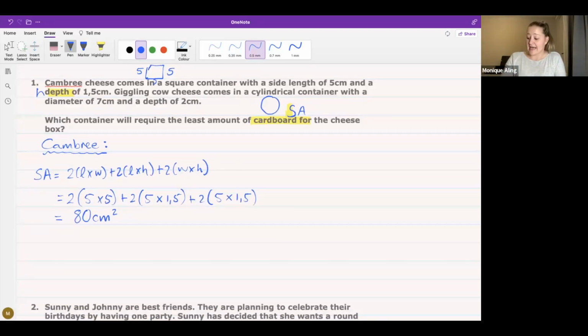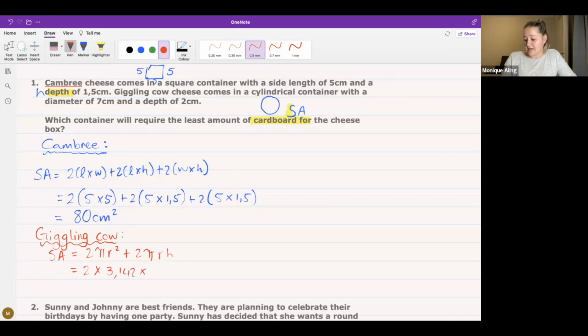Okay, then our giggling cow cheese. That is a cylindrical box or container. So our surface area formula for a cylinder is 2 pi r squared plus 2 times pi times r times h. So it's 2 times 3,142. Again, we've been given the diameter, so we need to work out our radius.